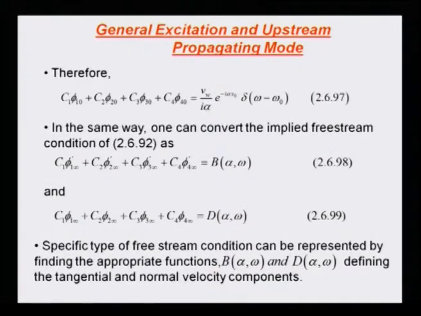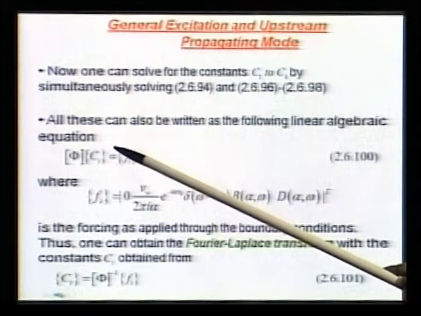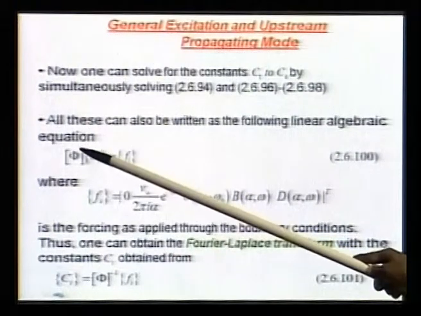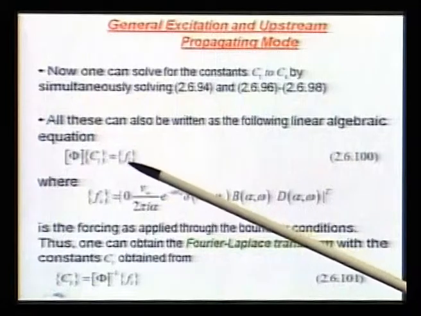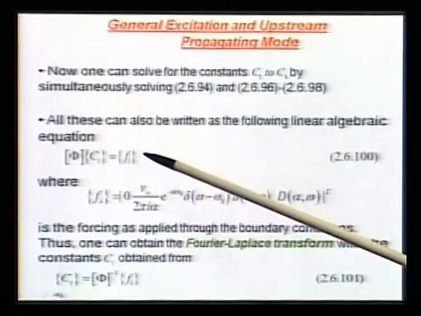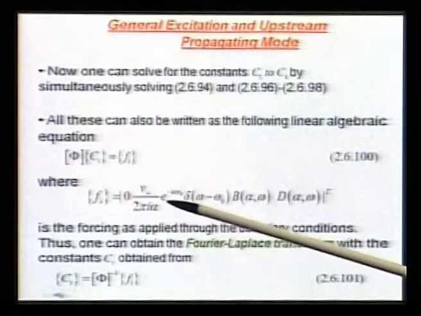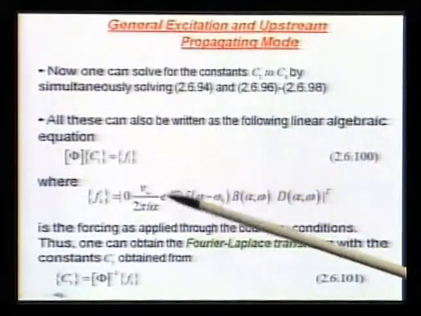Now, of course, this completes the description of the boundary conditions that will enable you to fix the constant C matrix. That would be given in terms of a 4 by 4 matrix operating on the unknown constants being equal to the excitation. So, whatever may be the excitation, that is put on the right hand side.